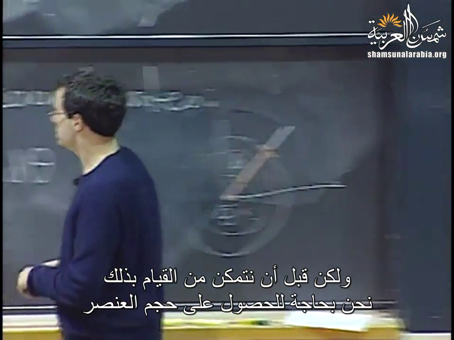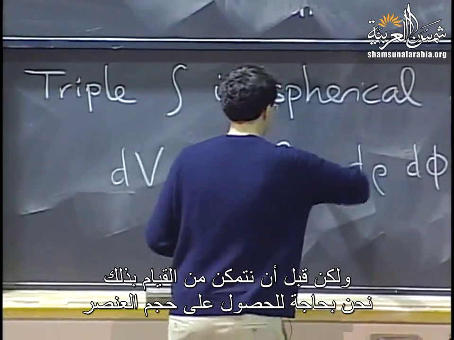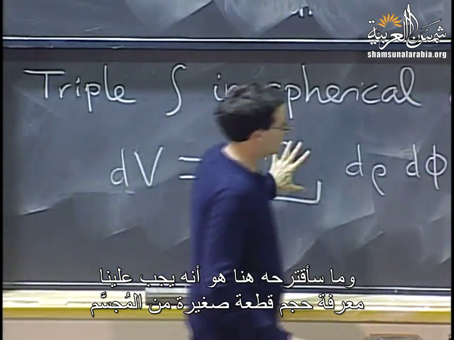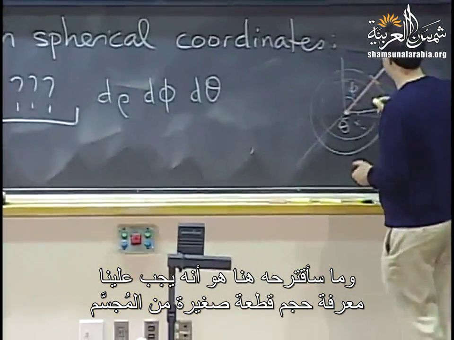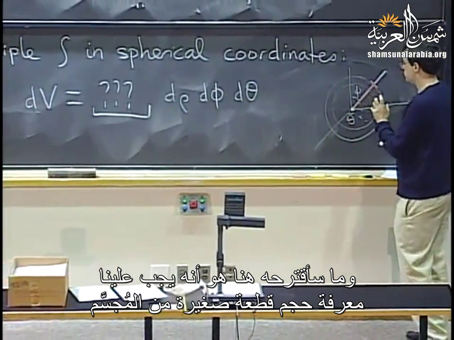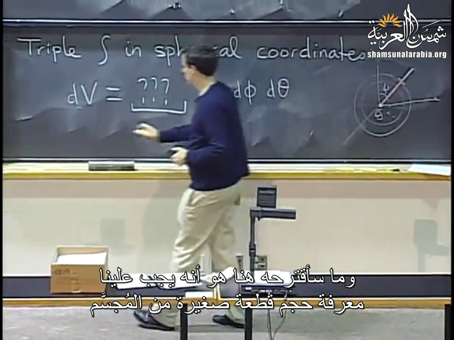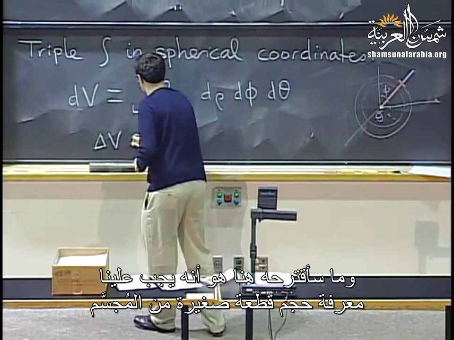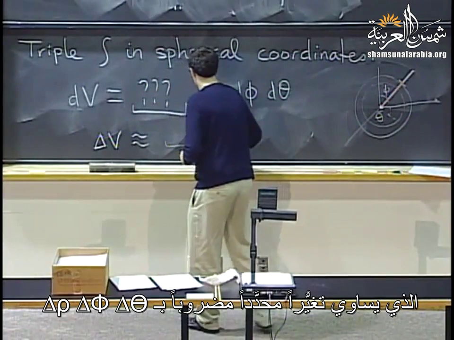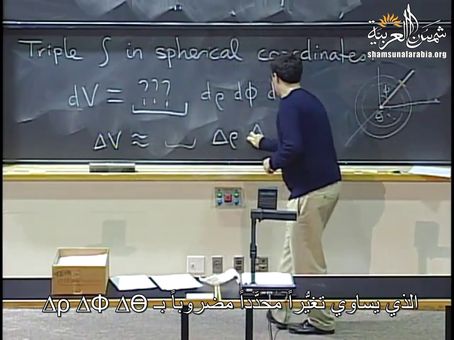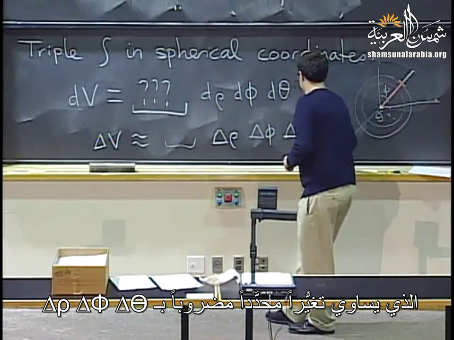But before we can do that, we need to get the volume element. And so what I would like to suggest is that we need to figure out the volume of a small piece of solid which corresponds to a certain change, delta rho, delta phi, and delta theta.